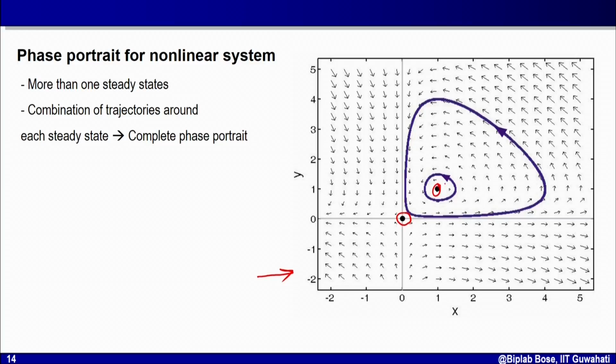For this first steady state, I have a center type phase portrait where the arrows are all moving in closed paths around the steady state, whereas the other steady state, at 0, 0, is a saddle type, so the arrows are moving away. And the total phase portrait is a combination of these two phase portraits.